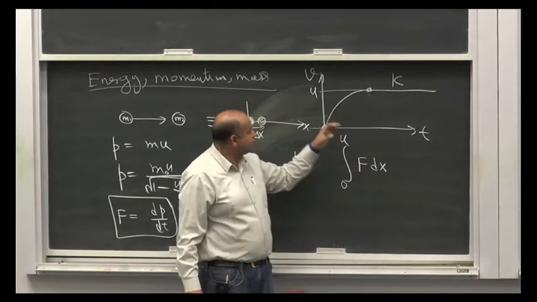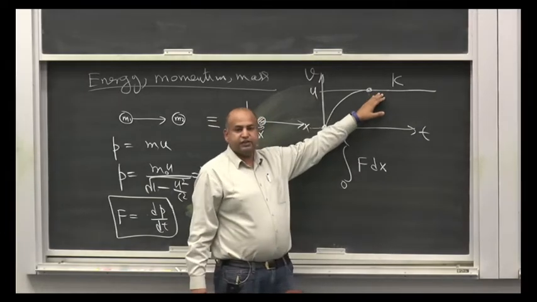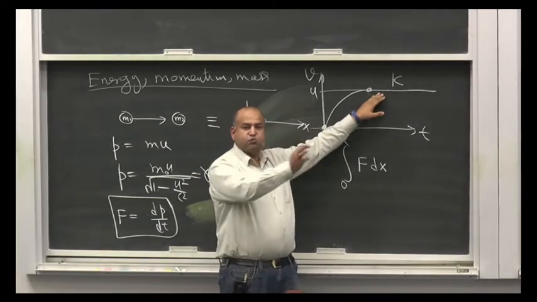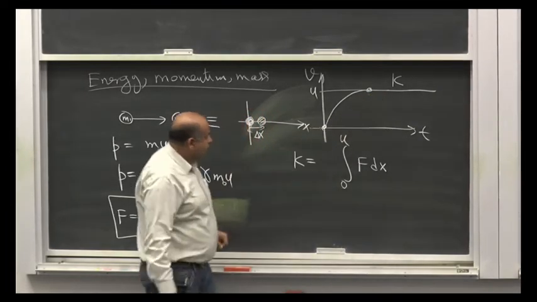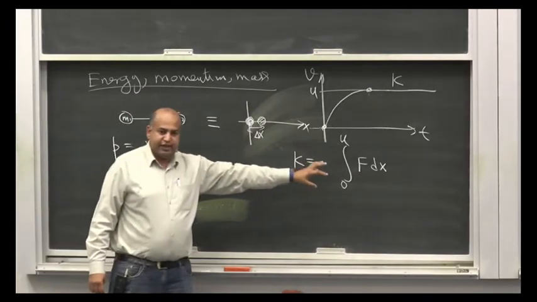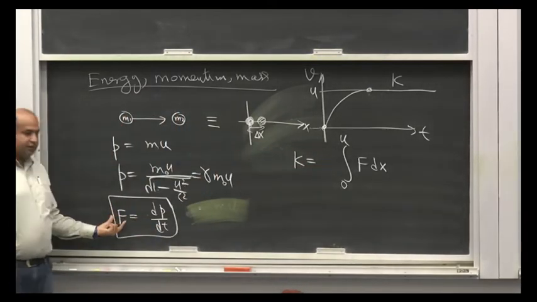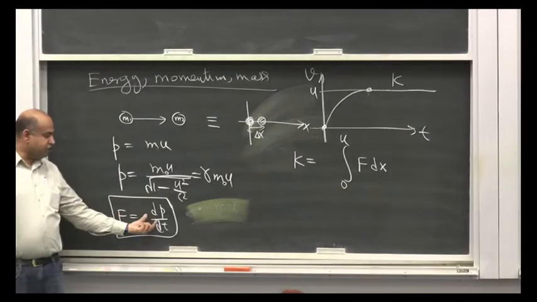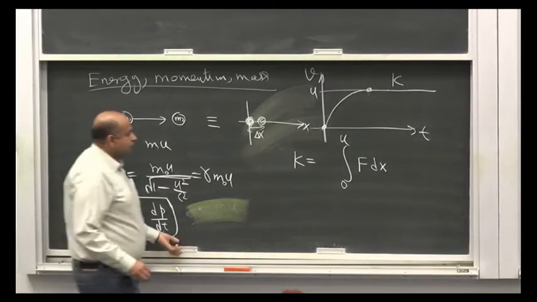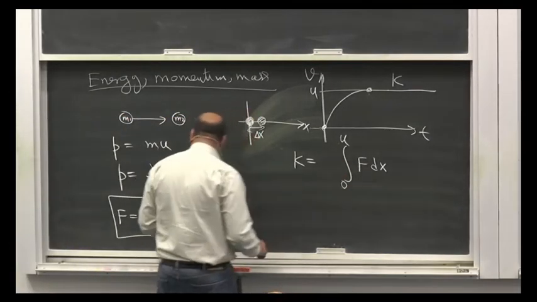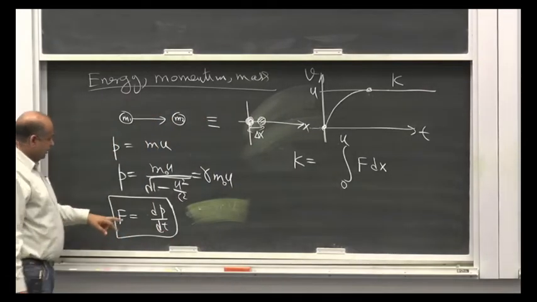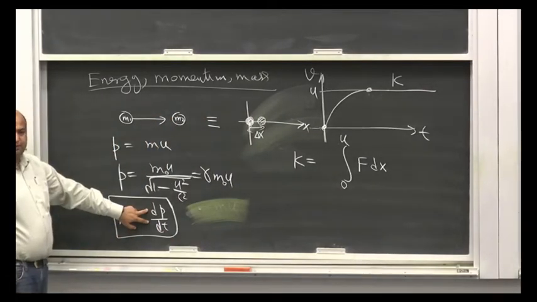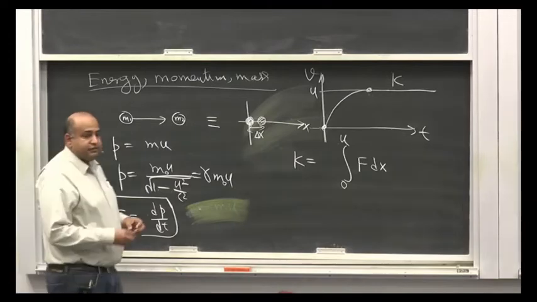So this is what is going to be stored as the kinetic energy in the particle when the particle is moving. Now I'm going to actually evaluate this integral using this definition of force, which is the rate of change of momentum, and to do that, I have to compute this dp by dt. Yes?